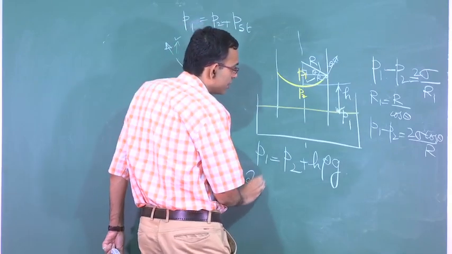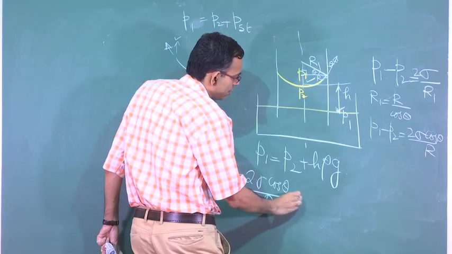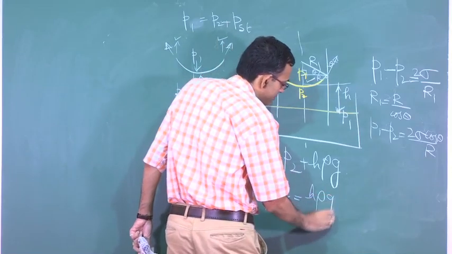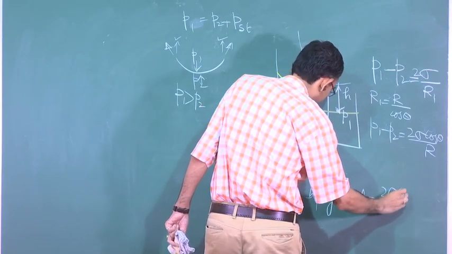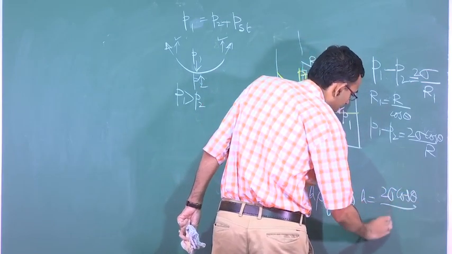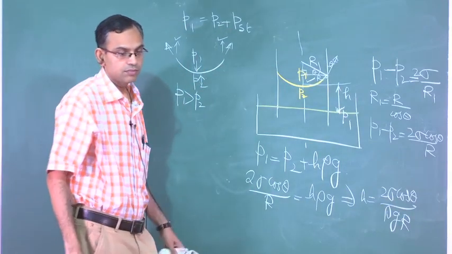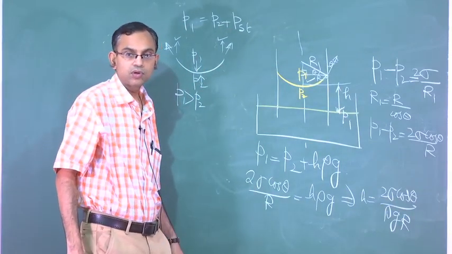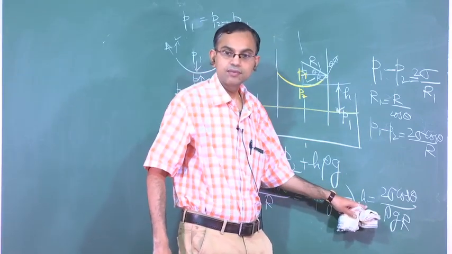So, 2 sigma cos theta by r is equal to h rho g. That means h is equal to 2 sigma cos theta by rho g r. Okay. So, this h is called the capillary rise.